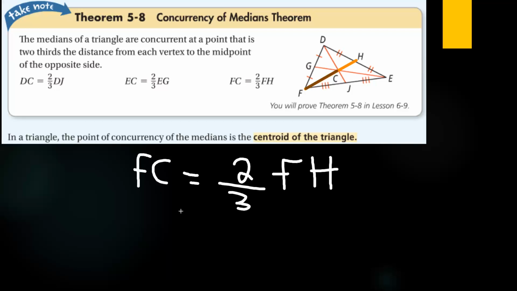So if I have F, C, and H, FC is a line on FH. This is the relation between them. FC is on FH, but the length of FC will be 2/3 the length of FH.